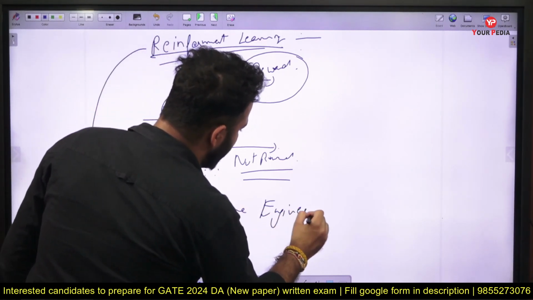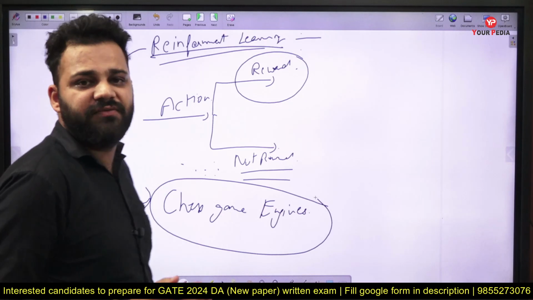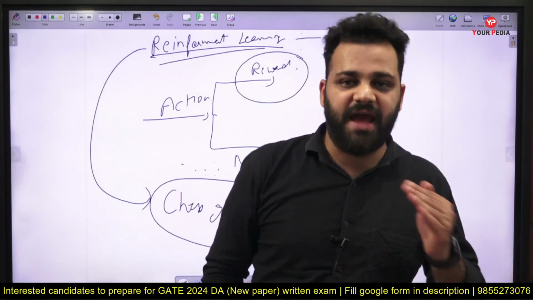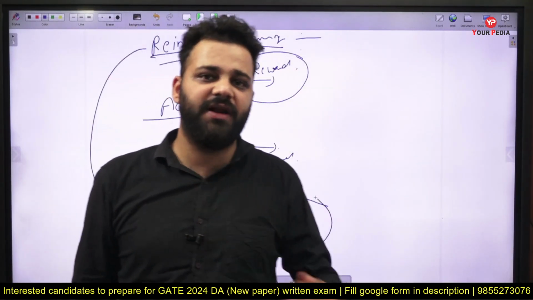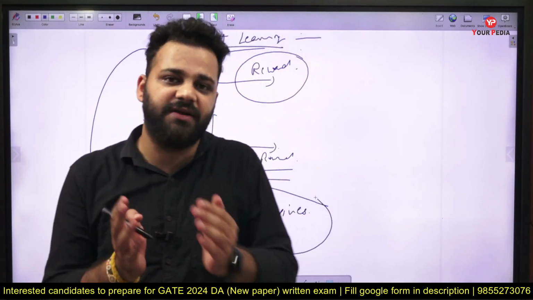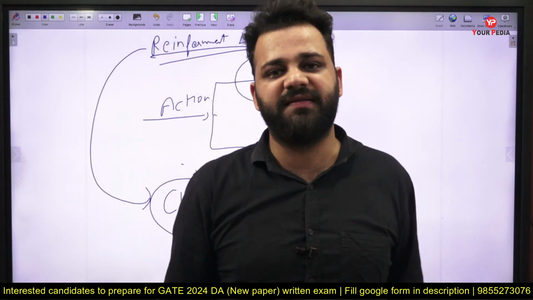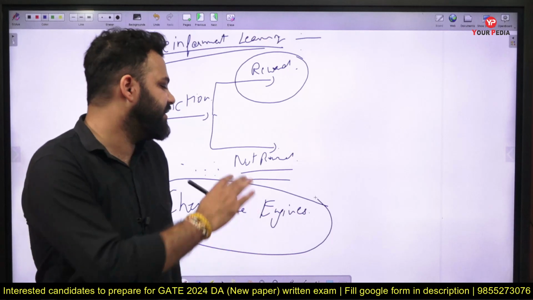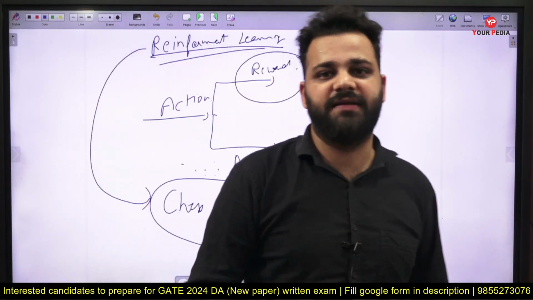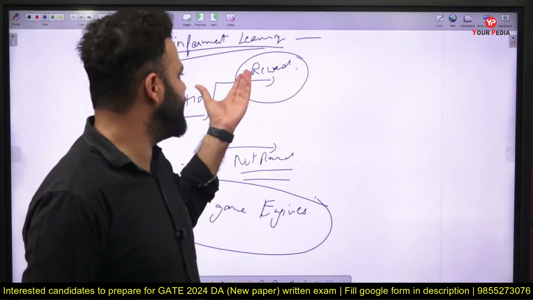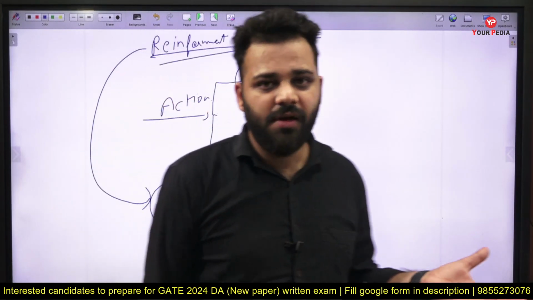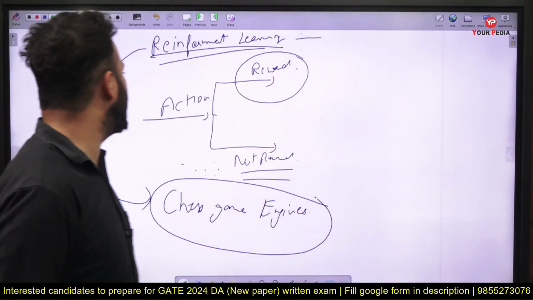In those, the machine will learn by playing chess, and as time progresses, it will increase its accuracy, learn new patterns, and evolve to be a better chess engine than it was at the start of the game. So these are three types of machine learning.